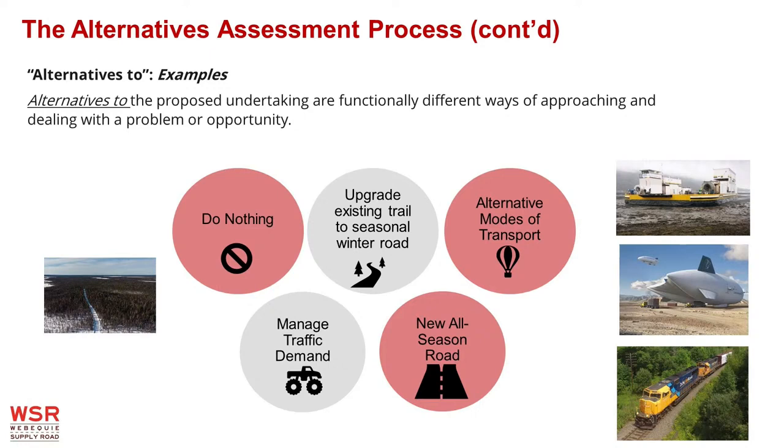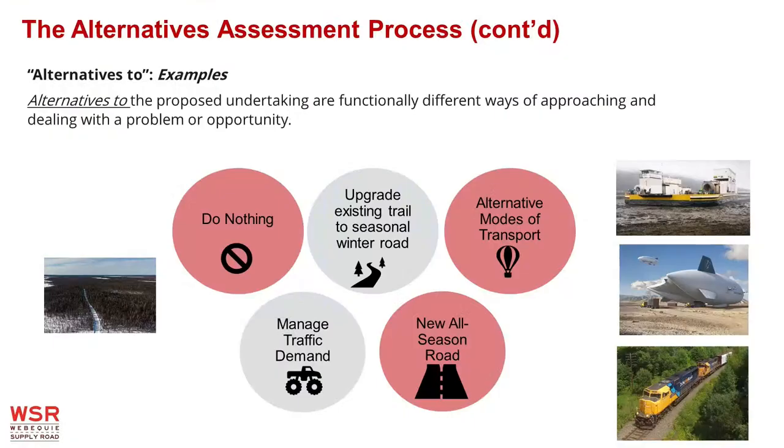You could manage traffic demand so that the need was less. That's one possibility. You could do nothing. You could just keep the status quo, so keep things the same. Or you could, as is being proposed by Webequie First Nation, develop a new all-season road.